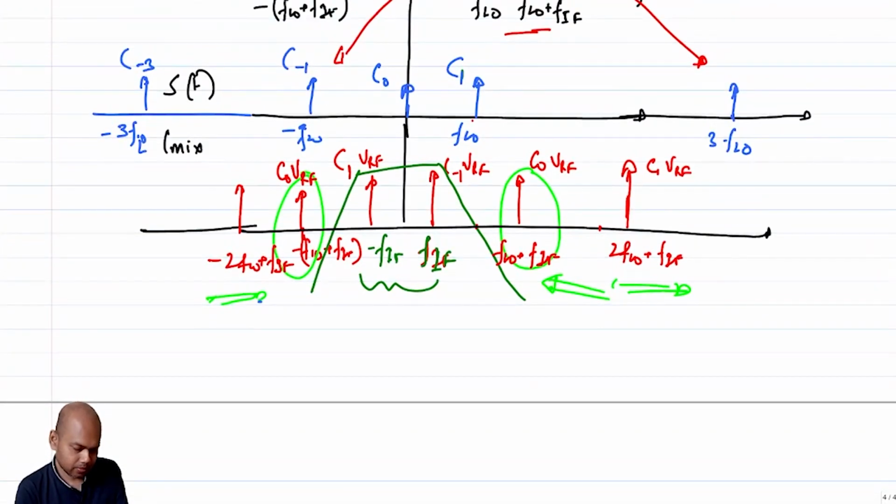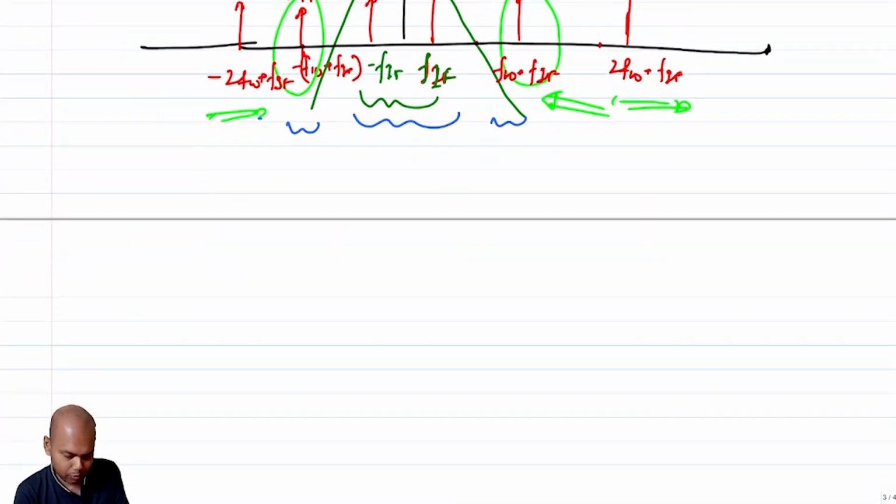Okay, so now if you think about it, what if I write out the component values that are responsible? Which component values are we mostly interested in? Obviously, we're interested in C1, C minus 1, and we are interested in C0. The other ones are far apart, farther than FLO plus FIF, and hence we are not dealing with them directly at the moment.